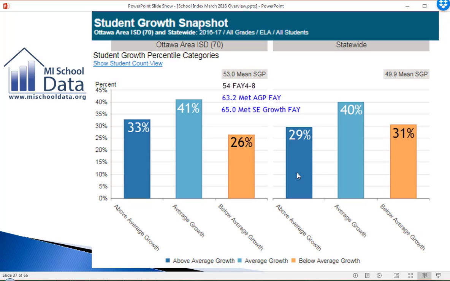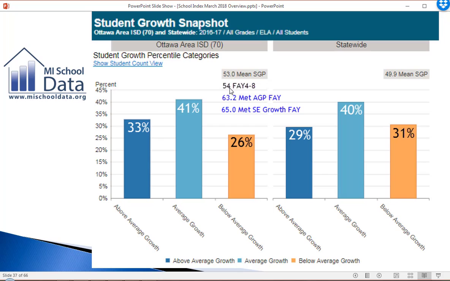I'm showing you here Ottawa Area ISD, where I have access to actually the student data, to show you a few numbers and how they change. So Ottawa scores a little bit better. They have about 41% that are average growth and 33 that are above average growth. Their mean SGP is 53 versus the state, which is 49.9.